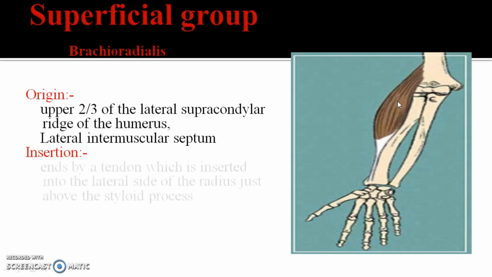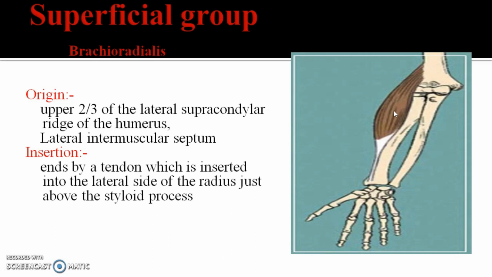Now talking about insertion, it goes and inserts into the radius, which is how we get the name brachioradialis. It ends by a tendon which is inserted into the lateral side of the radius, just above the styloid process. Here you can make that out.